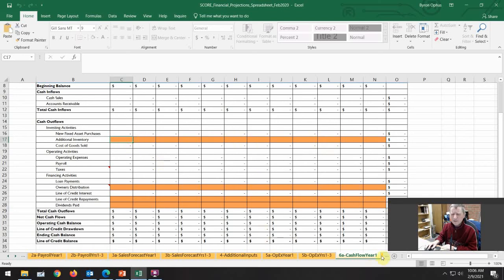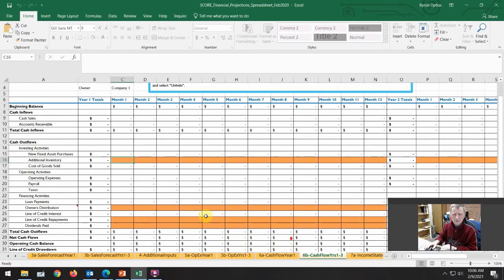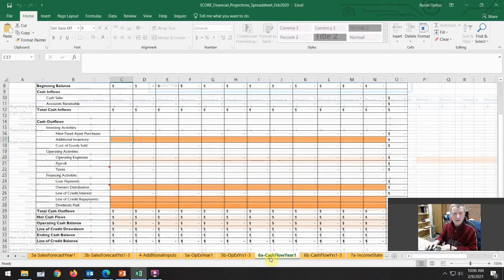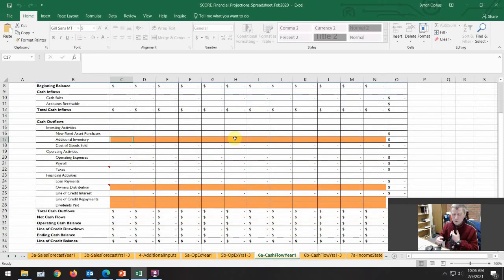When you might, if you got over here to year 2 or year 3, or maybe even in the first year, if you were planning a big expansion of some sort, you might.